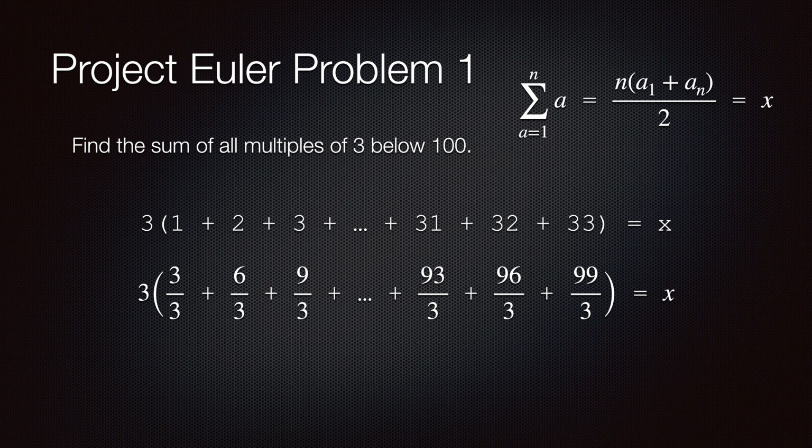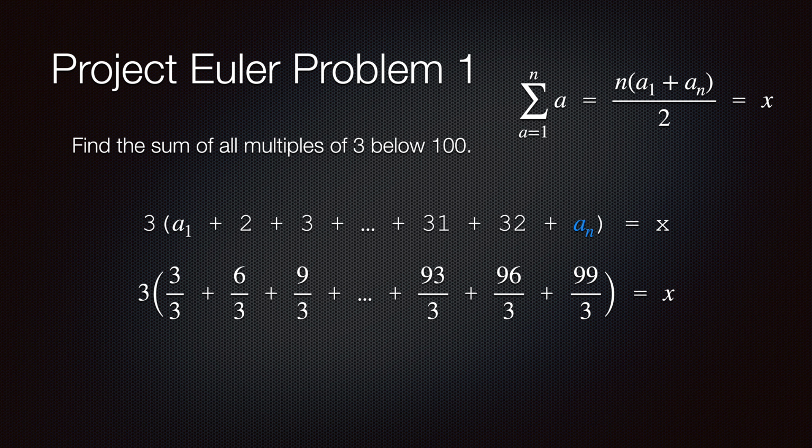Let's bring back our summation formula for reference. Hopefully it's clear that we can apply our formula to these portions of the equation. Let's start by identifying our variables. Here is our a1.